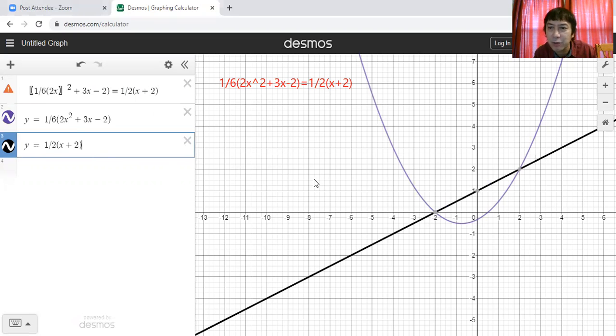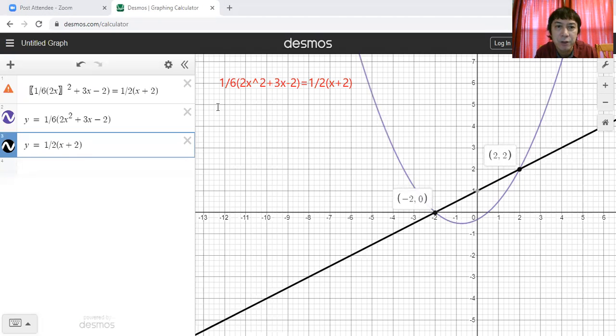You can see the parabola and the line intersect at 2 points, one over here at -2, 0, and another one at 2, 2. Our x values are -2 and +2.